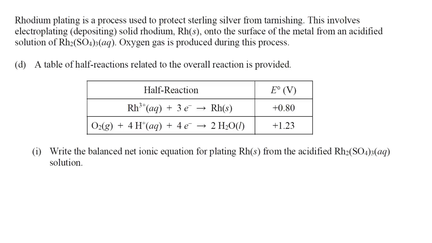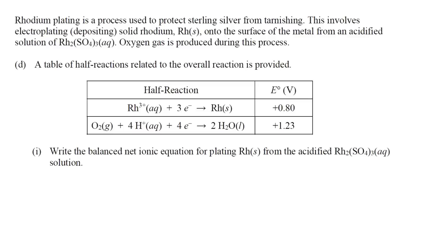You need a reduction half reaction and an oxidation half reaction. In a table like this, we can see that they are both written as reduction half reactions. So we can't have two reduction half reactions. We can't have two oxidation half reactions. We need one of each.